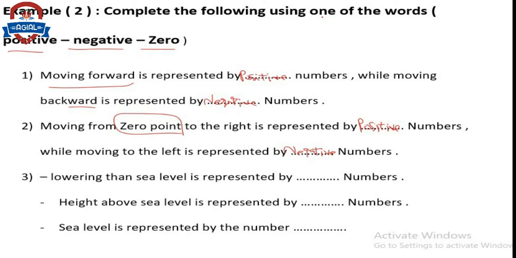Number 3, lowering than sea level is represented by, guess the answer. We have lowering, so it is represented by negative numbers.